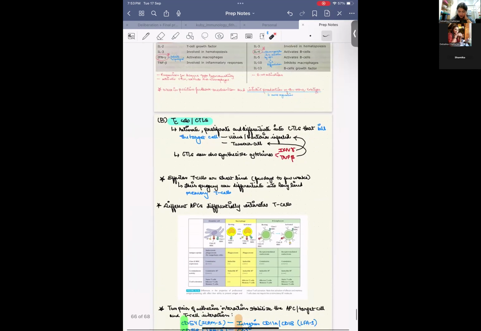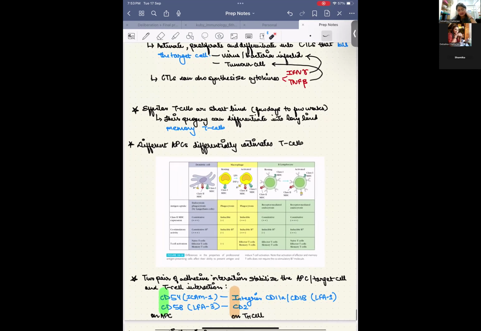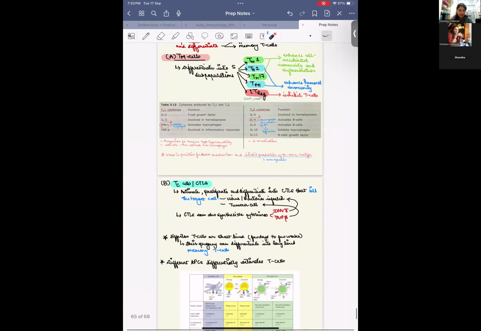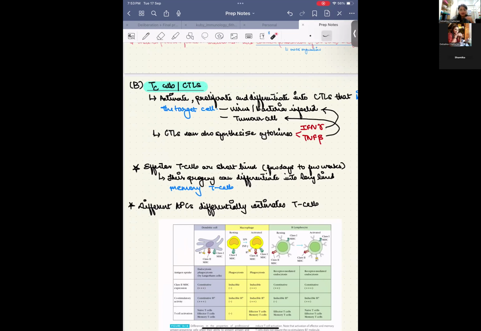Okay, now let's try and generalize things back together. We saw T helper cells and TC cells in separate contexts, and we discussed the differentiation of the effector cells for both of these lineages separately, but the matter of fact remains that the effector cells are short-lived, which means from a few days to a few weeks, and that's it.